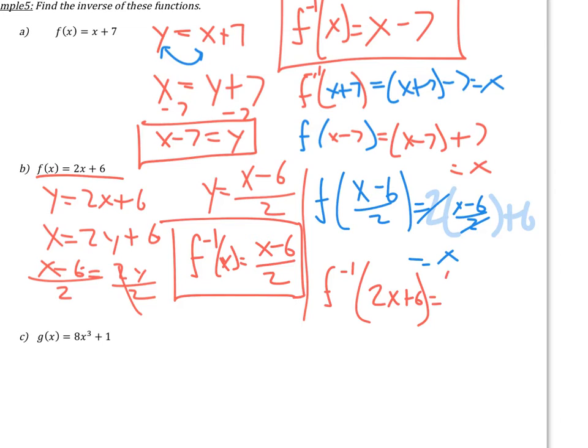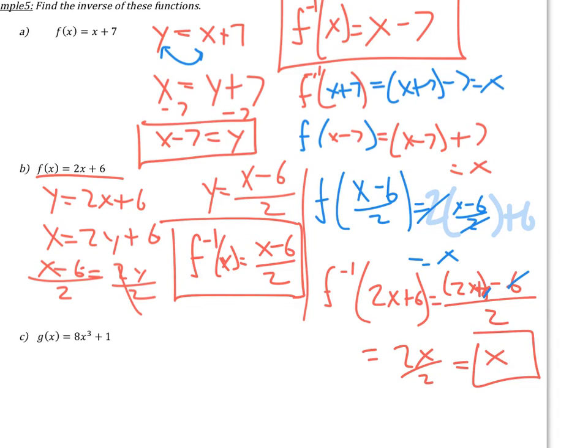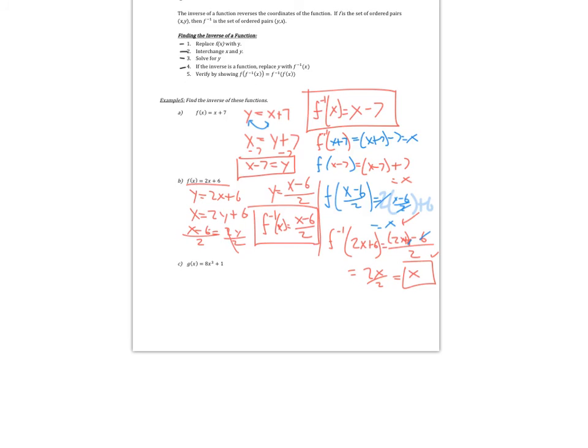So we have blank minus 6 over 2, 2x plus 6. Okay, and so when we're evaluating this, the 6 is going to go away. And we're left with 2x over 2, which is just x. So it checks out. It's x both ways when we compose it. So we found our inverse. All right, that's how we find the inverse.